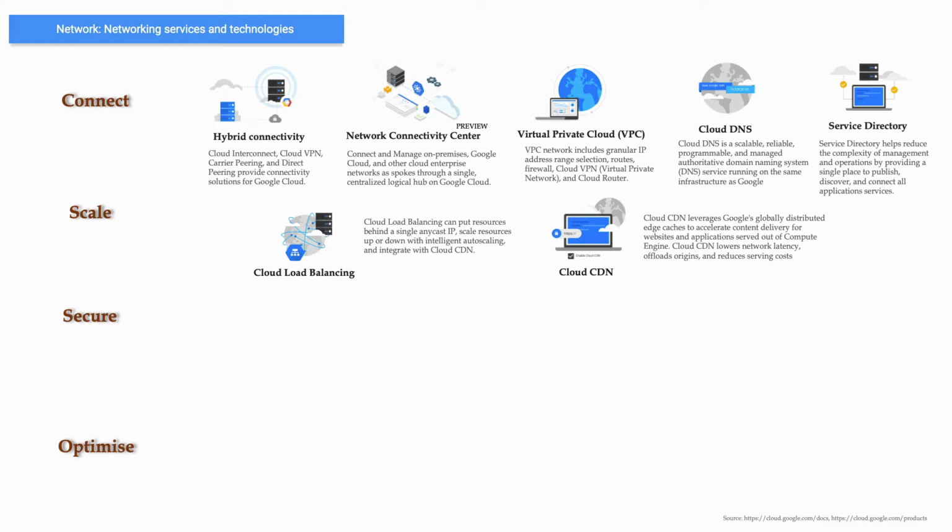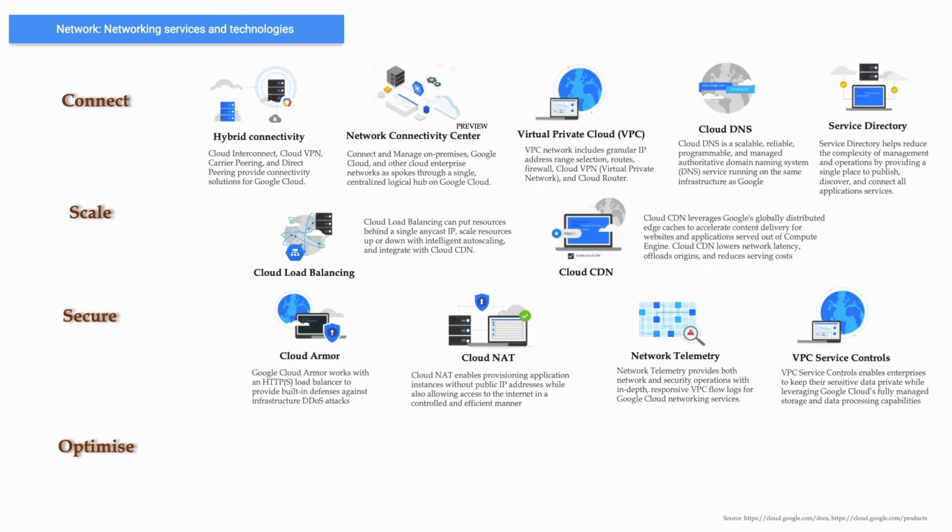Then you have Cloud CDN, which is the content delivery network. It basically leverages Google's own globally distributed edge caches, and this is very important to have your data available around the globe, and also to a lot of those places where there is no native connectivity.